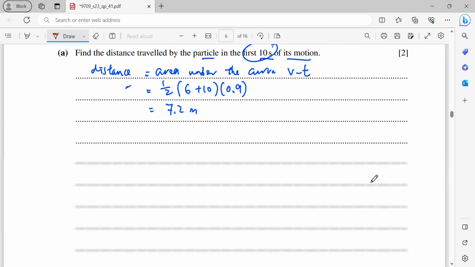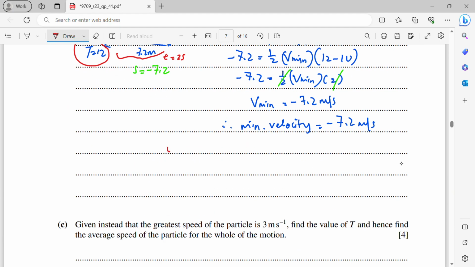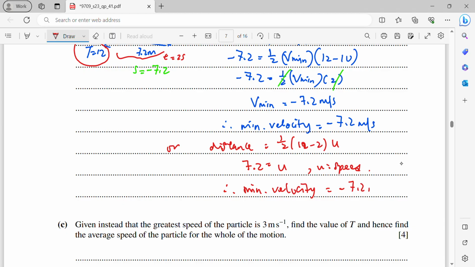Another method is you can say distance equals half of 12 minus 10 times u, the velocity. Then 7.2 is going to be u, so this u is the speed. Therefore, the minimum velocity is negative 7.2 meters per second.